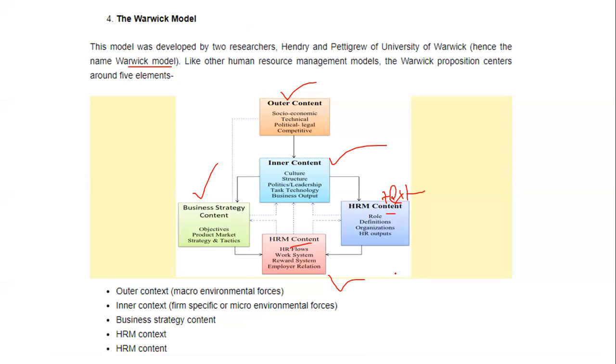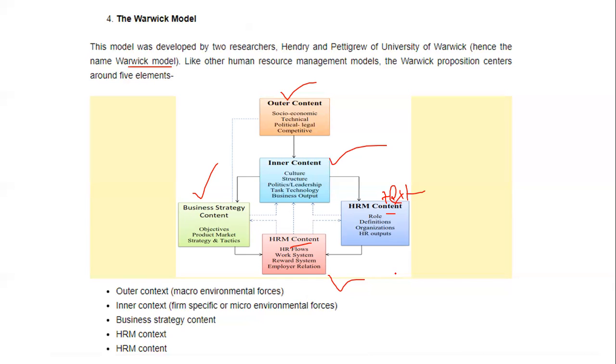So when we say HR content, it covers HR strategy, how the HR work system is, what the reward system is, the rules and regulations which are written. And context means something nearby, next to it, a factor.